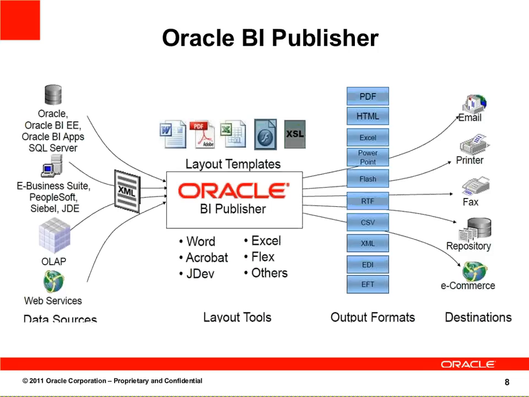This is a nice diagram which shows you how Oracle BI Publisher operates. Towards the left-hand side of the slide, you can see all the data sources. The data can be coming from different sources: from an Oracle database, from Oracle BIEE, from a SQL Server DB, from any ERP application like Oracle E-Business Suite, PeopleSoft, Siebel, JD Edwards, and even from a web service.